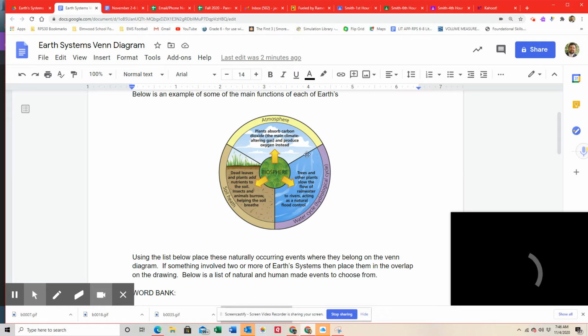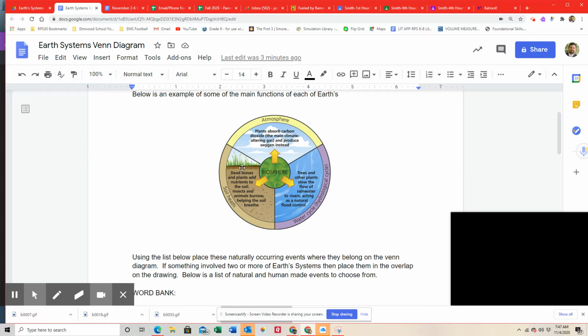So whenever we see events that affect these things or apply to these things, for example, trees and other plants slow the flow of rainwater. If we cut a bunch of trees down, obviously we're changing the biosphere and it's affecting our hydrosphere, right?